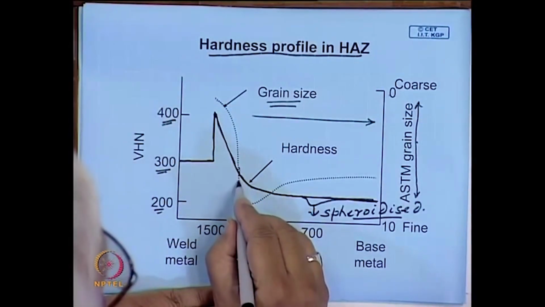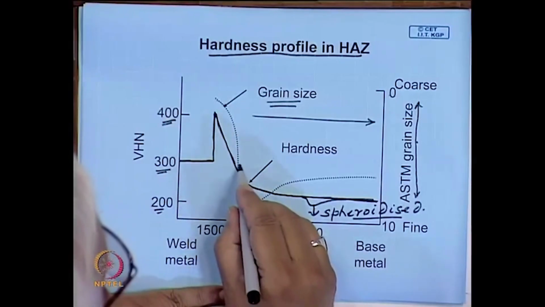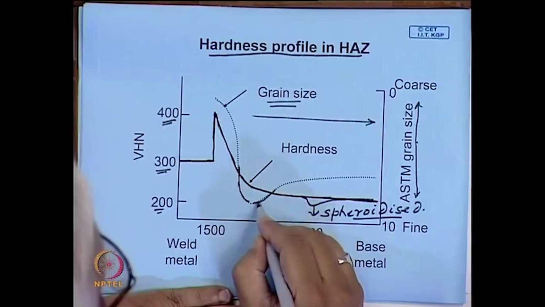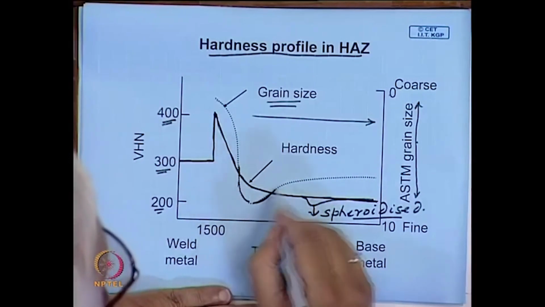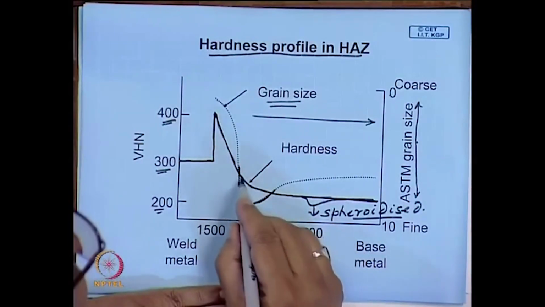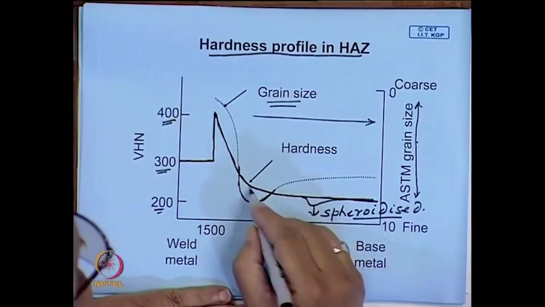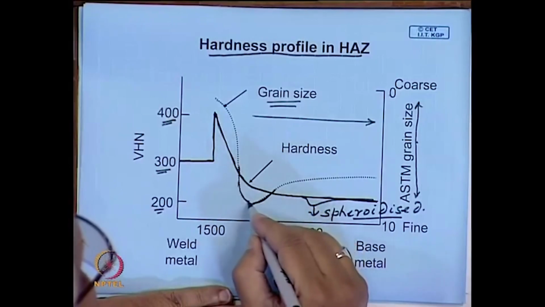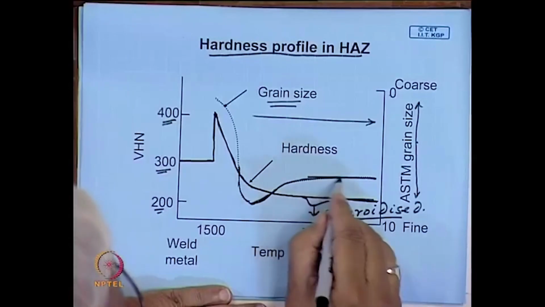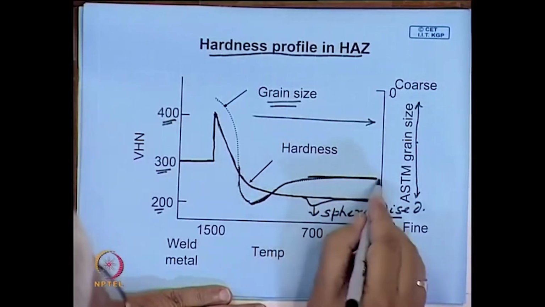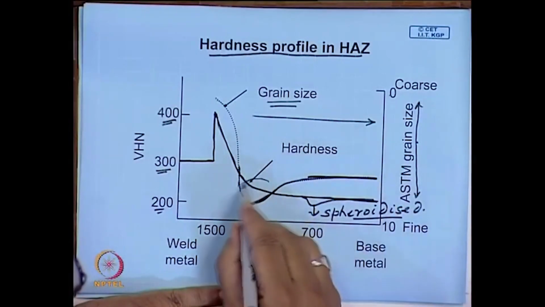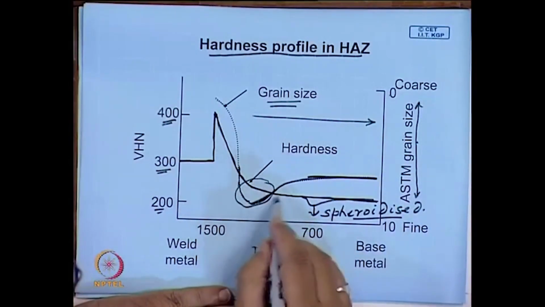Here the grain size can become quite fine also, because this is a re-austenitized region, and this re-austenitization takes place for a very short time. So, the grains can become finer than the initial, and again it comes back, and this is that unaltered zone. This is the initial grain size. So, somewhere you also get a very fine structure.